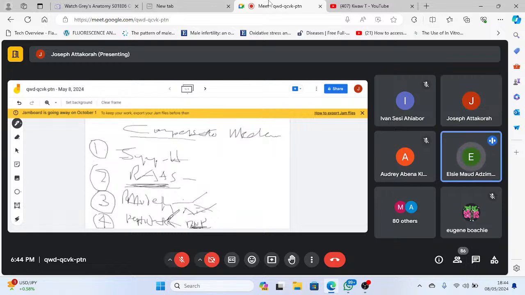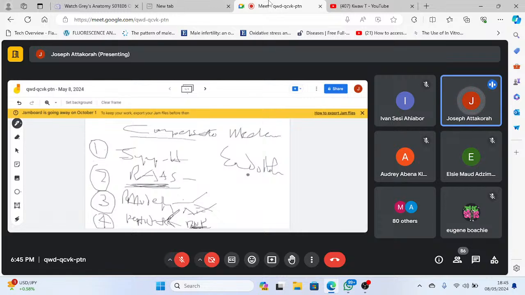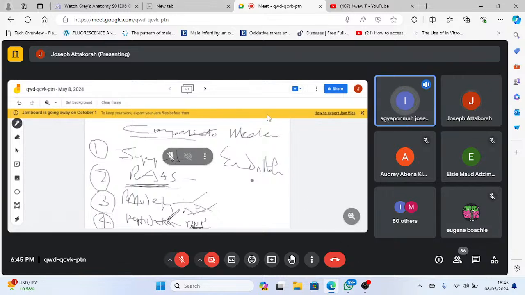The release of endothelin. And why will there be the release of endothelin as a compensatory mechanism? What is the function of endothelin? Hurry up. It's a vasoconstrictor.